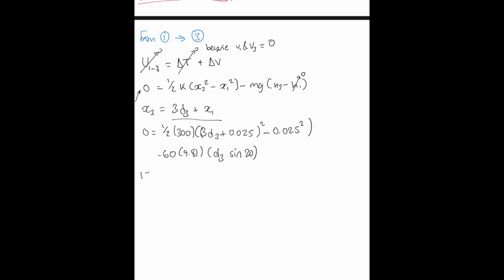And then when we simplify this equation, it gives us 1,350 d3 squared minus 178 d3 plus 0.9367 is all equal to 0.